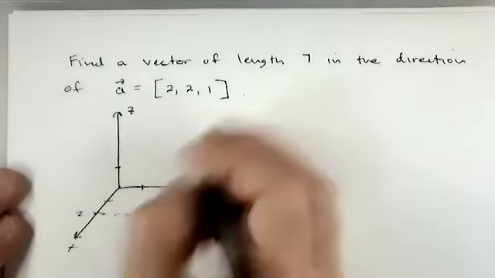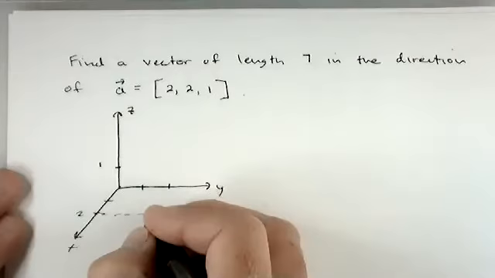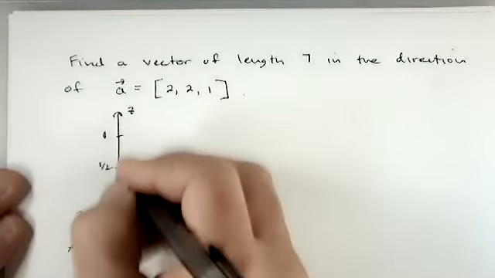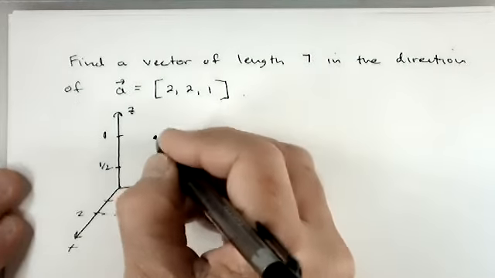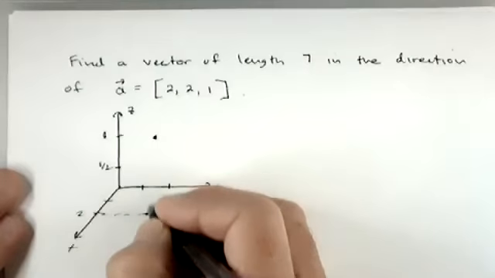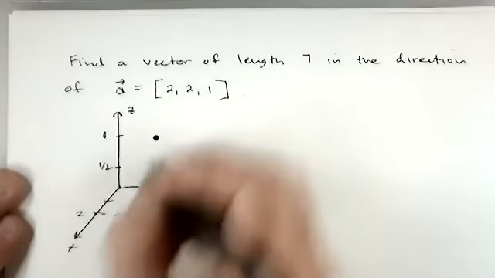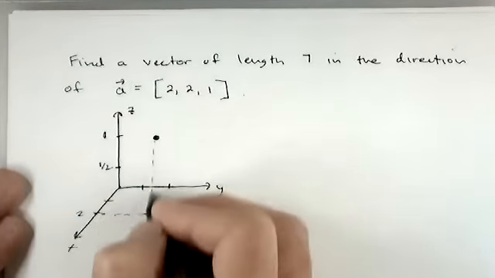1 unit. So from here, I'm going to really exaggerate on the z-axis. Let's say I have a different scale here because you're not going to see it if I put it right here. Let's pretend this is my point, but hopefully you get it. You went over 2, and then up 1. I just made that look extra big.